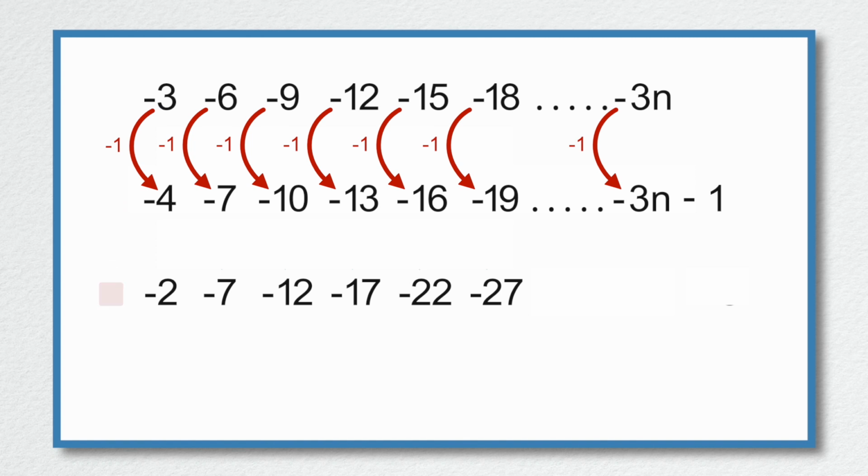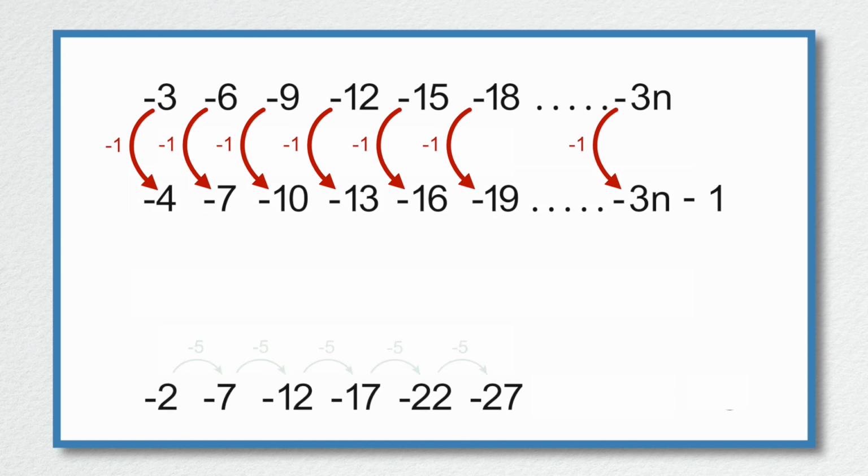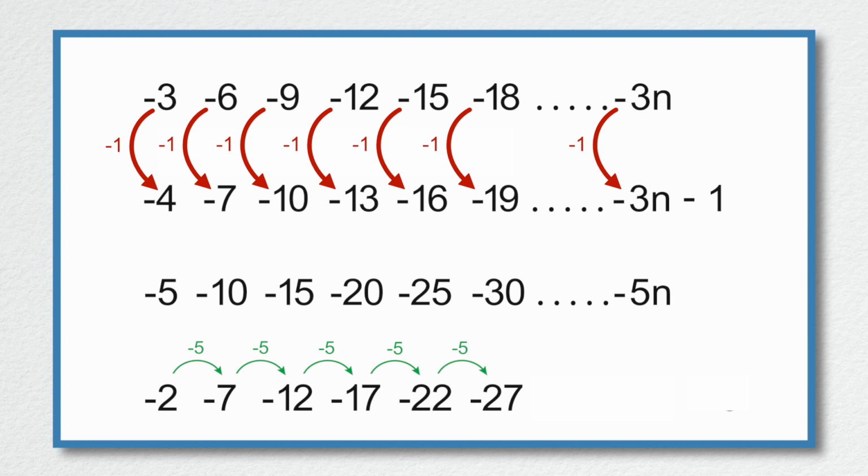And for this sequence here, this time we are subtracting 5 each time to get to the next term. So I'm thinking of this sequence here, the -5 times table. So this means that the nth term for our sequence is going to have -5n in it. We're now going to compare the terms of both sequences.